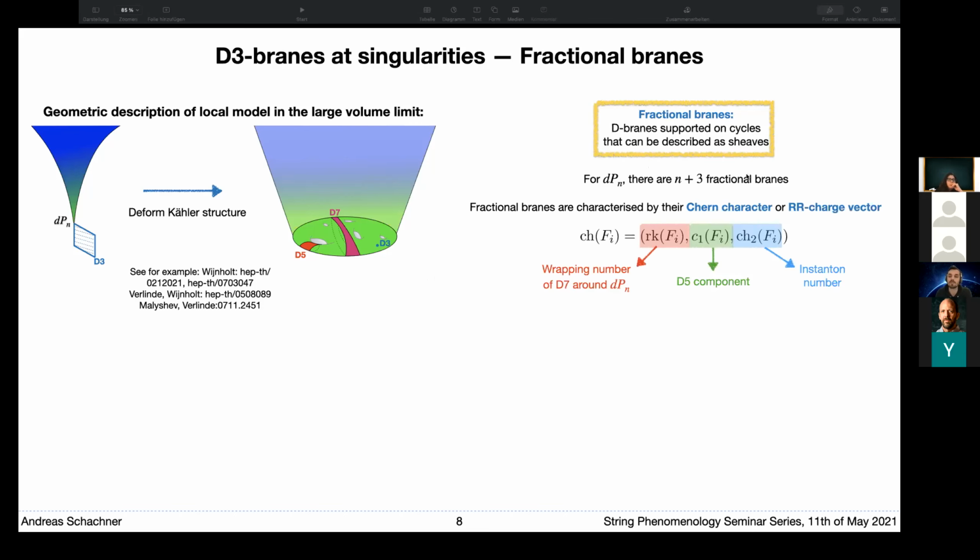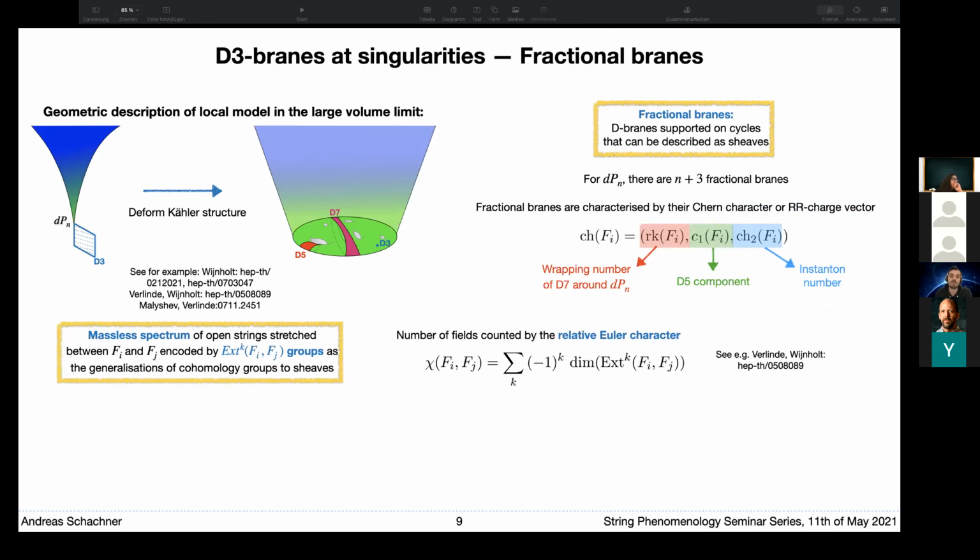Each of these fractional branes is characterized by its Chern character or Ramond-Ramond charge vector, which comes with a D7 wrapping number around the dPn, a D5 component from wrappings around 2 cycles, as well as an instanton number. Now, the massless spectrum associated with open strings stretched between different fractional branes is nicely encoded in these extension groups, which are generalizations of the cohomology groups to sheaves.